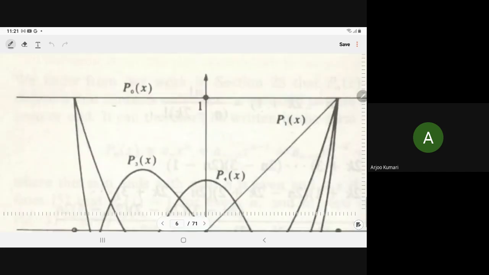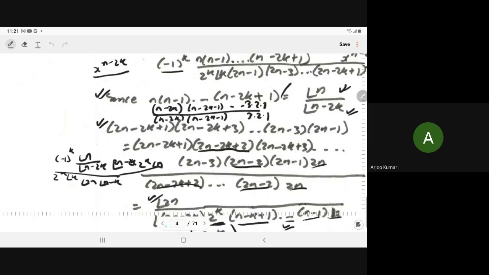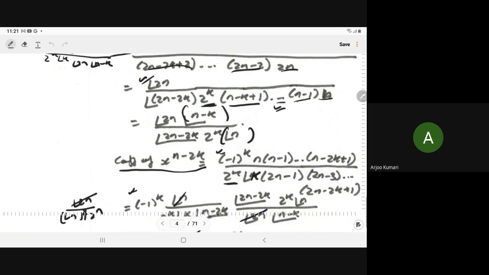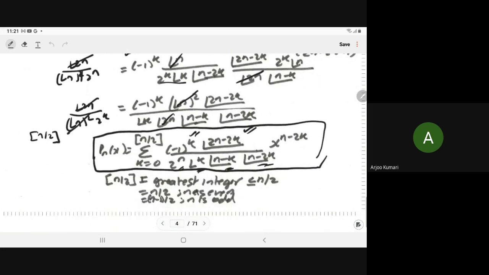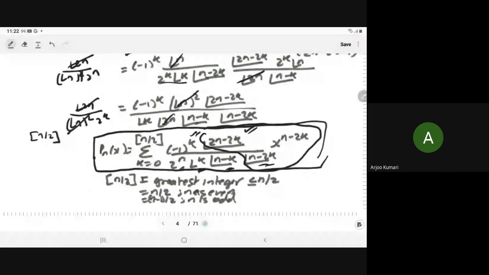So in the final formula, x to power n minus 2k times factorial of 2n minus 2k can be written as the nth derivative of x to power 2n minus 2k. So that is written here.